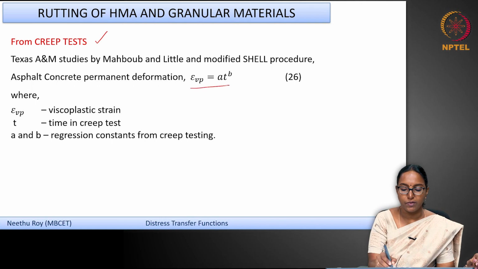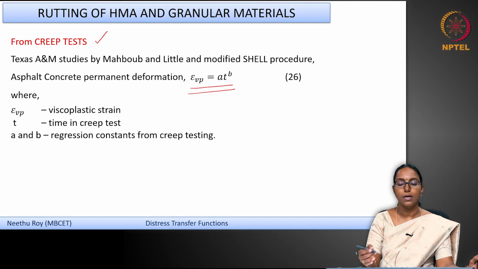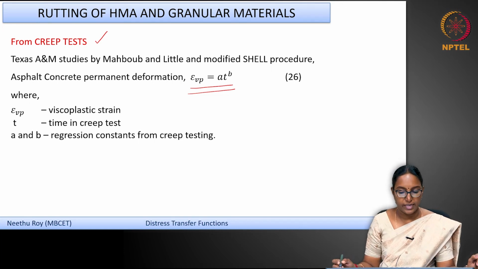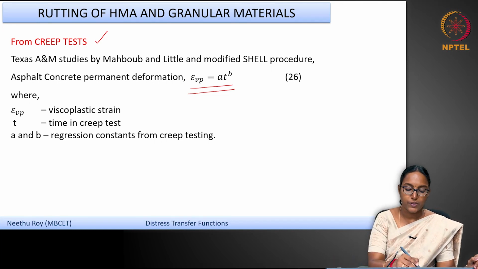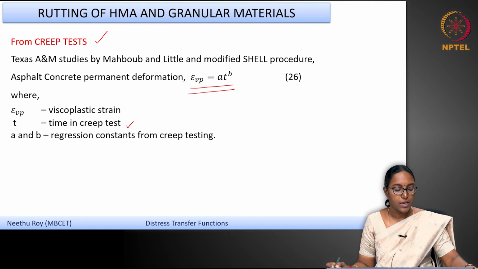Permanent deformation is given by epsilon Vp equals A T raised to B, where T represents the time of the creep test. A and B again are the regression constants from the creep testing.